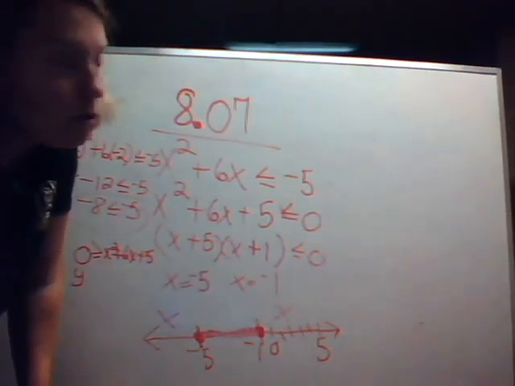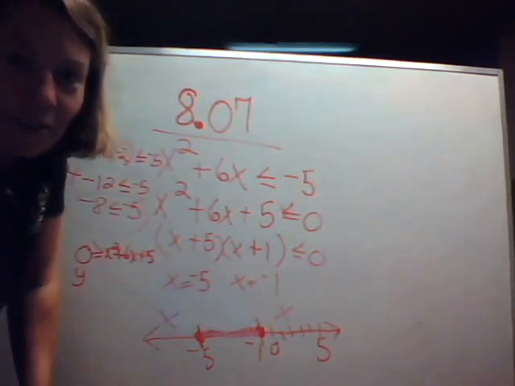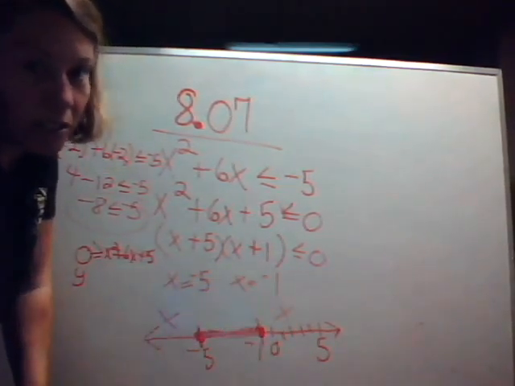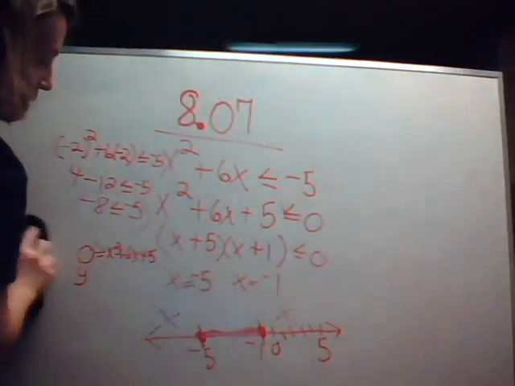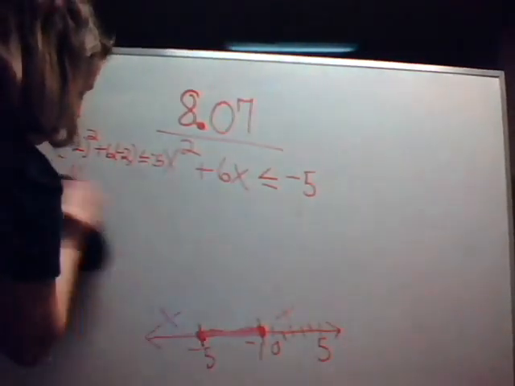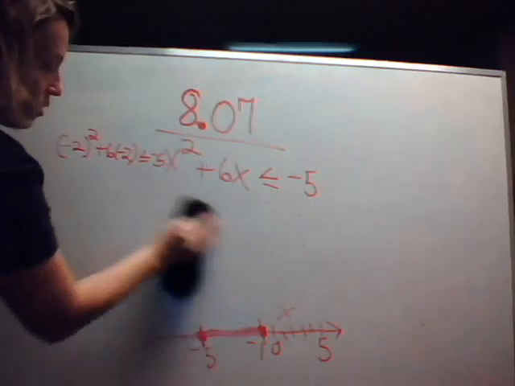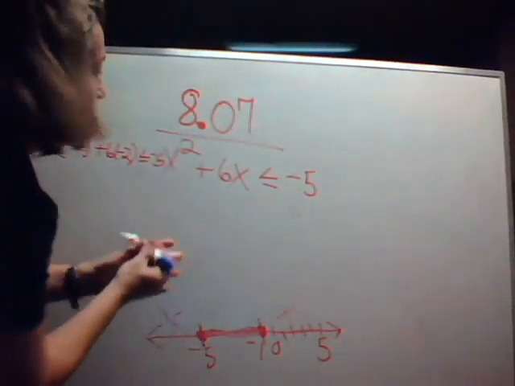Now, how is that going to look if you're not doing it on a number line? If you are doing it on a number line, just test your regions. That's all you have to do. Okay, if you're actually graphing it from here, what's that going to look like? Well, I kind of have my graph already done. So what I'm going to do is just sketch it on a Cartesian coordinate plane.